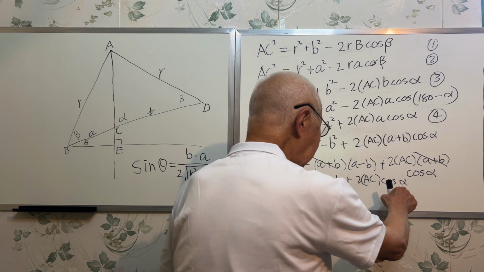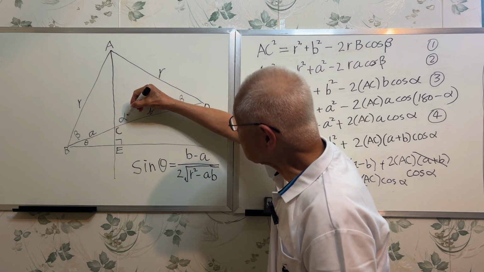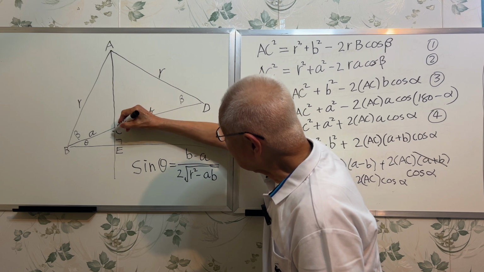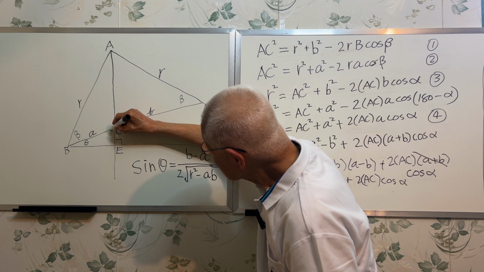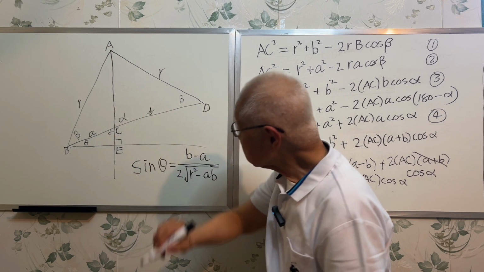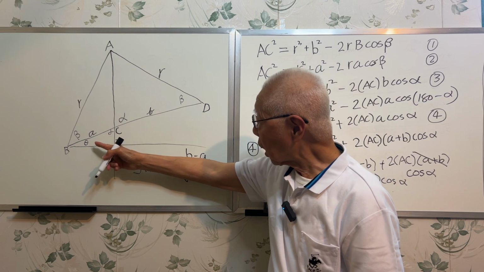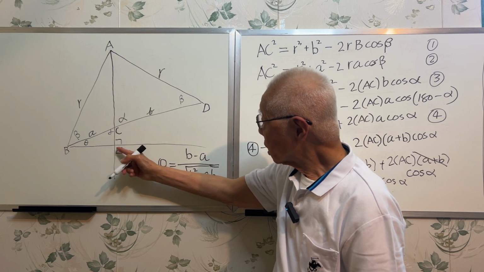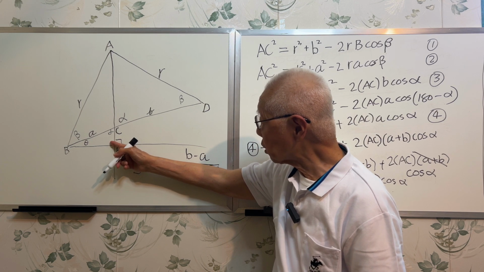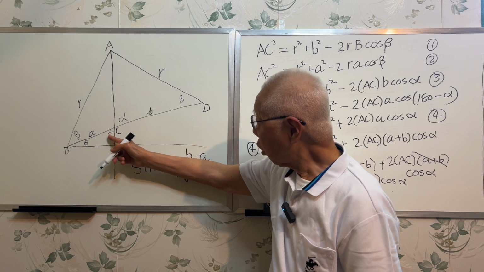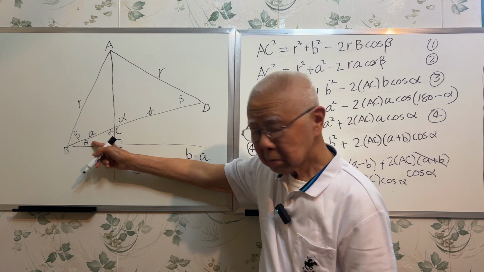What is cosine alpha? Alpha is here. Therefore, this is also alpha. Alpha and theta, the sum is 90 degrees because this is perpendicular, 90 degrees. So cosine alpha is sine theta.